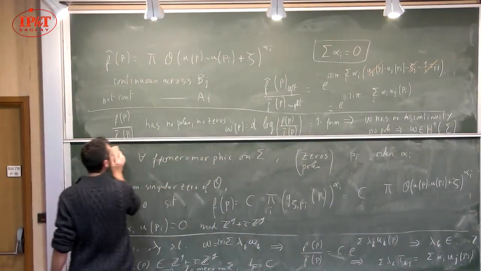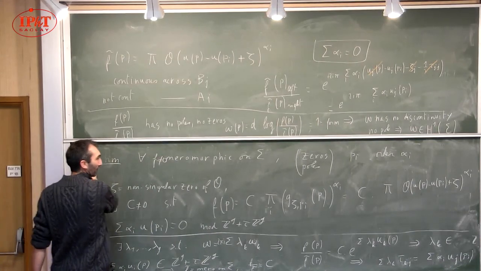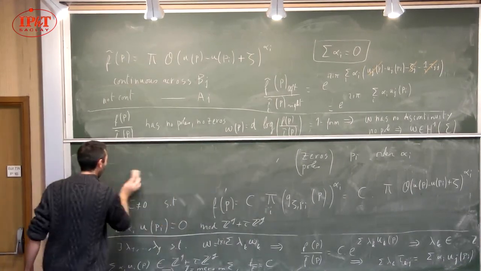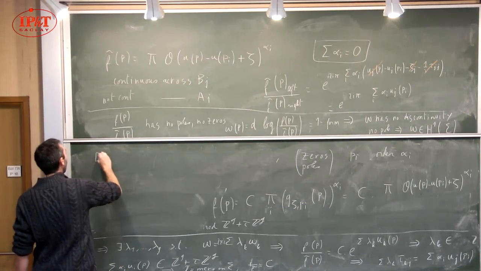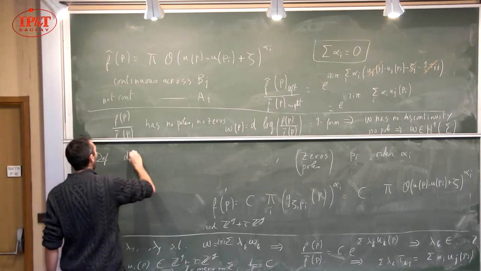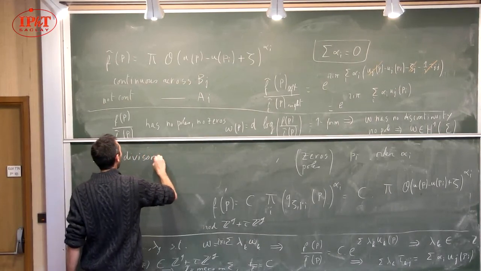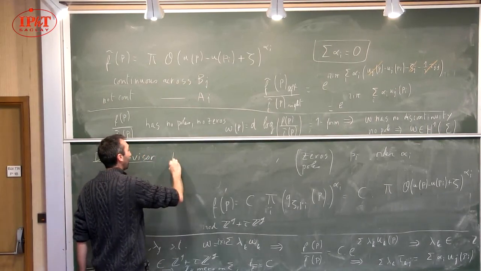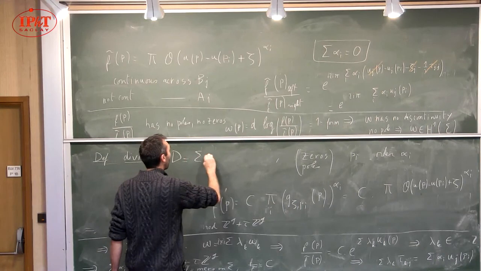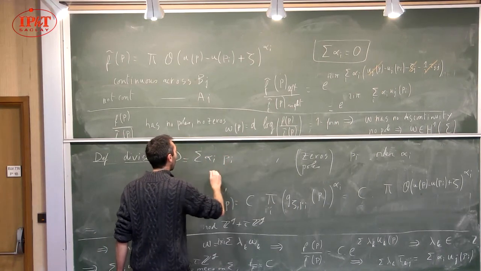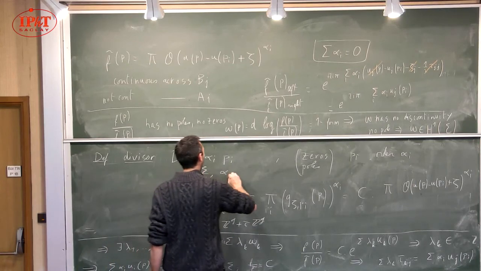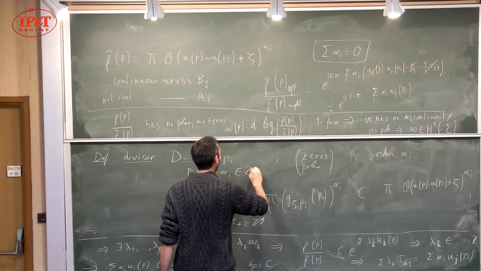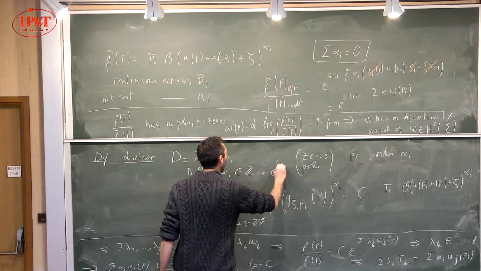I just want to say one word about the notion of divisor. Definition: a divisor D is a linear combination of points, sum of alpha i p_i, where p_i belongs to Sigma, and alpha i belongs to Z or C, depending.